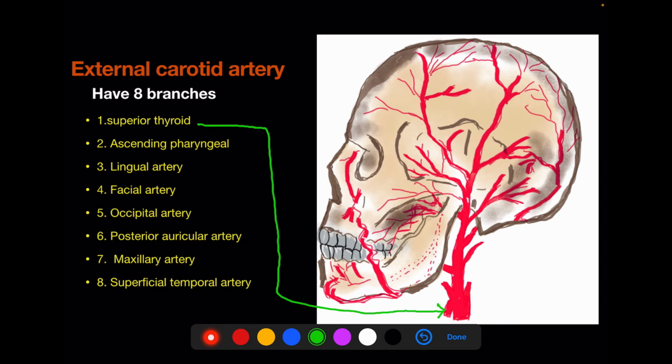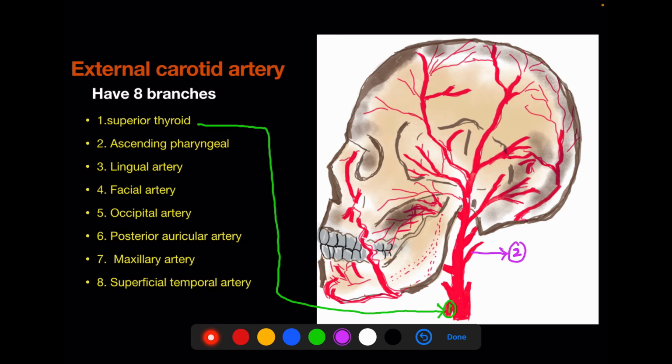Now next one, that is ascending pharyngeal. Now you can guess where it is present. Yes, this one. I am using magenta color for the ascending pharyngeal artery, and I am using numbers so that you can understand. This one is 2, and this one is 1.